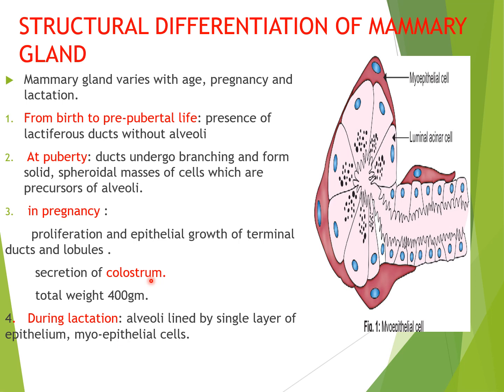Then the colostrum is not a true milk, remember. So what is colostrum? It is milk which is secreted in the later part of the pregnancy and a few days after parturition. That is known as the colostrum, we say.